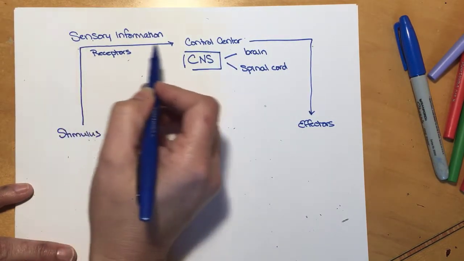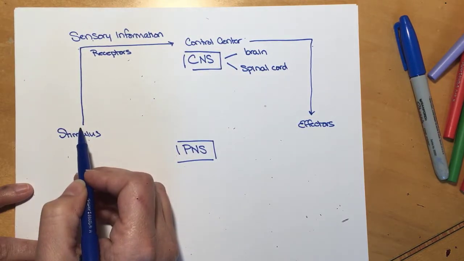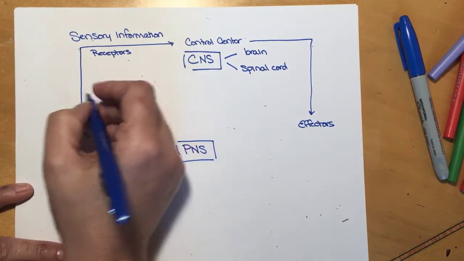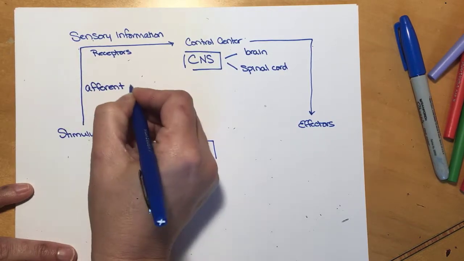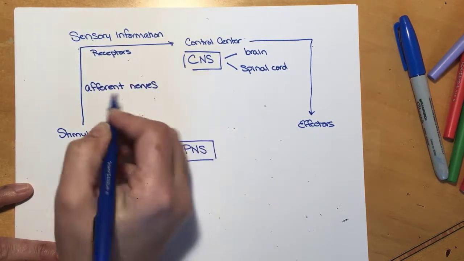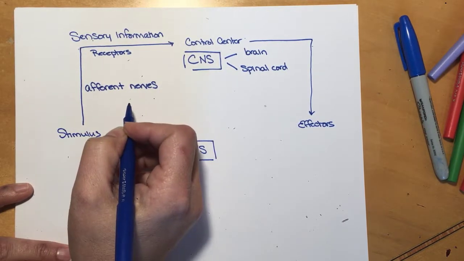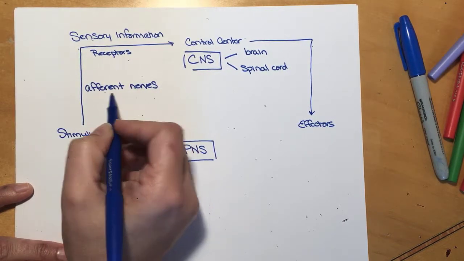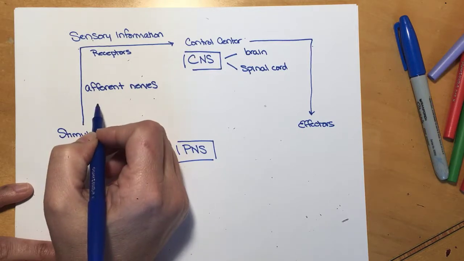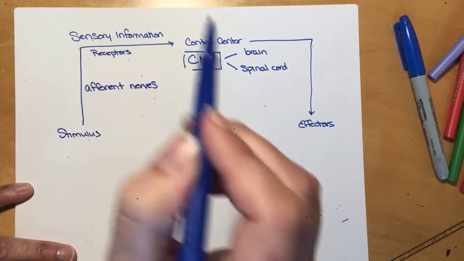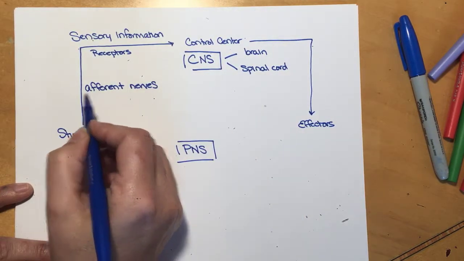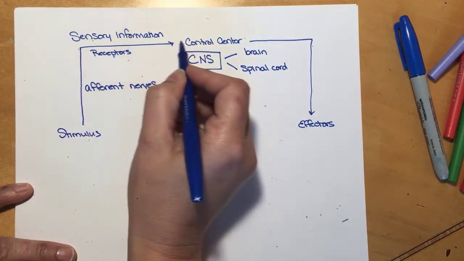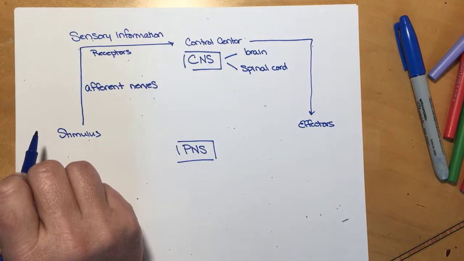And we call these nerves that bring in sensory information afferent nerves. And we've seen the word afferent before. Remember, in the urinary system, we had an afferent arteriole, and that was the blood vessel that was bringing blood to the glomerulus. This is nerves that are bringing sensory information to the control center.